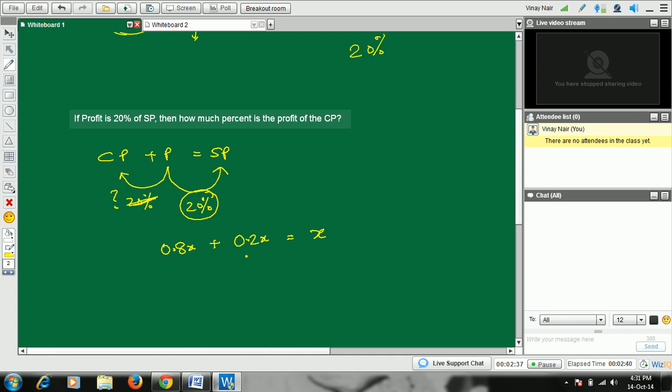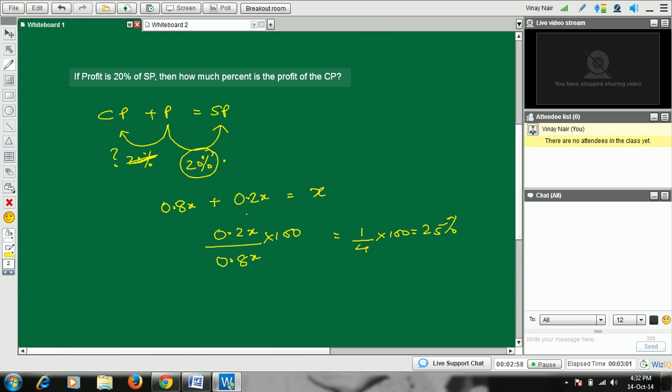So profit upon cost price is 0.2 upon 0.8 multiplied by 100, which is nothing but 1 by 4 multiplied by 100, that is 25%. So we have got one observation here: when the profit is 20% of the selling price, it is 25% of the cost price, right?